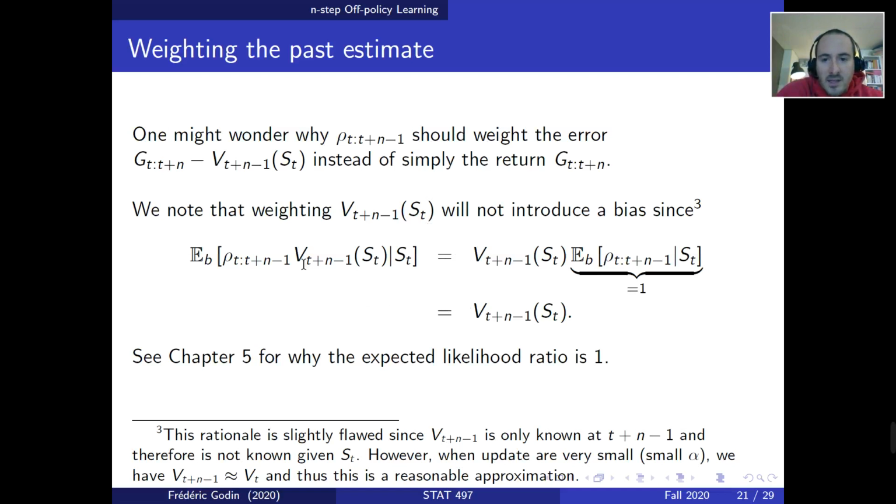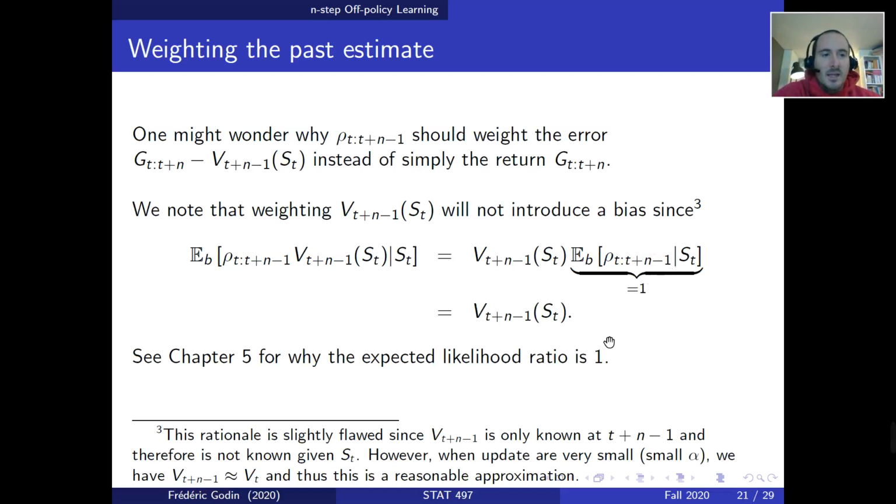Now, because this is a function of S t, it can be treated as a constant when we condition on S t, and we can take it out of the conditional expectation. Now there's a quick footnote here which explains why this is not entirely correct, but we'll go back to this later on. Okay, but for now, let's say you can do that. So this becomes the expected value of the importance sampling ratio itself, and we saw earlier that the expected value of the importance sampling ratio is always equal to 1.